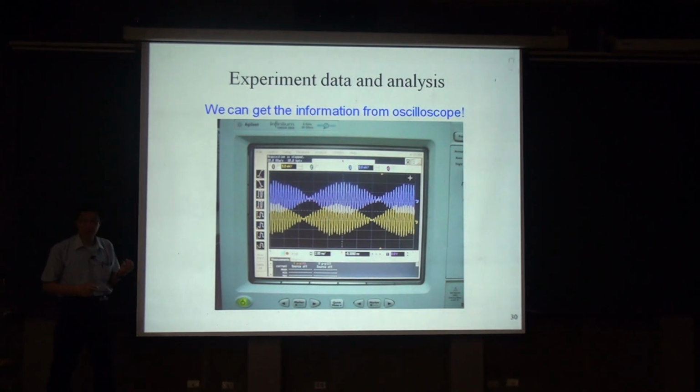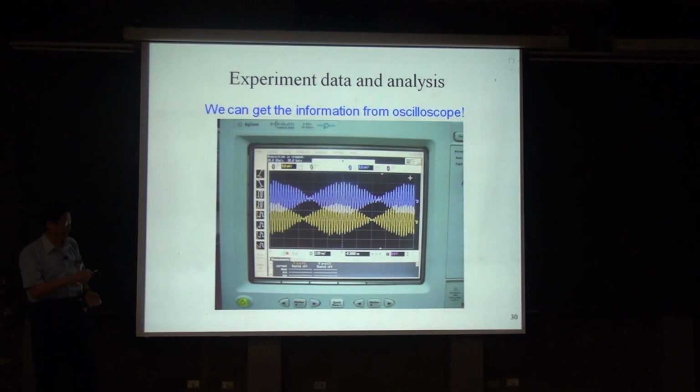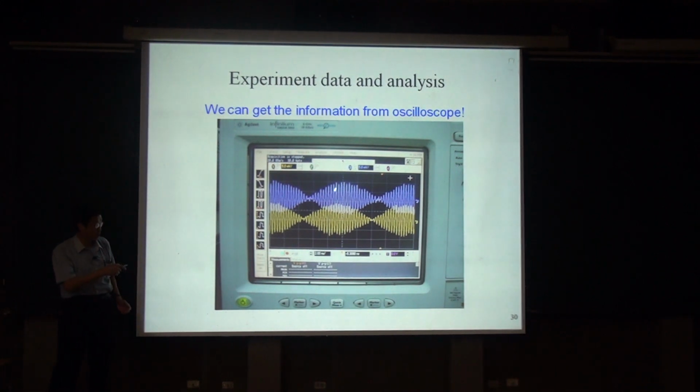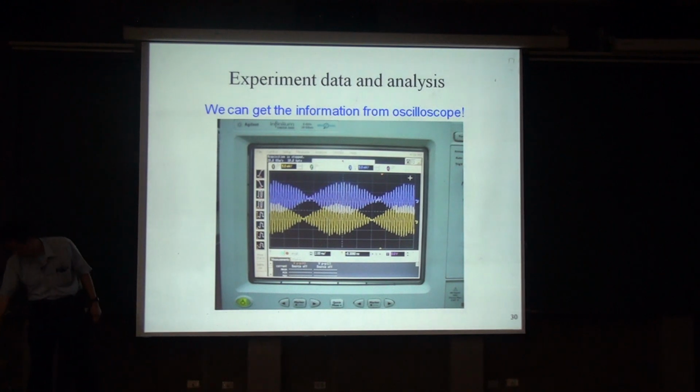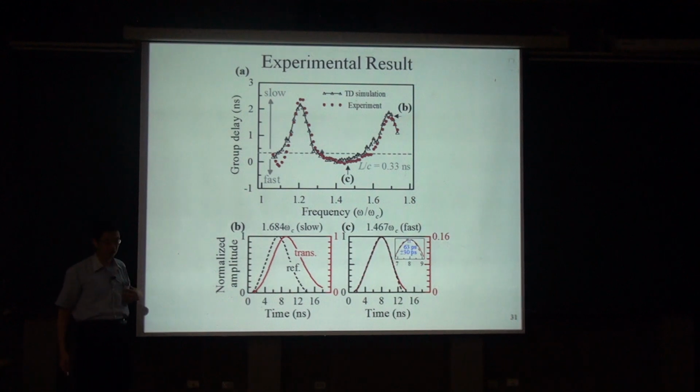We can generate using a pulse generator, and we can use a simple approach that is two-tone mixing. Frequency F1 together with frequency F2 generate a beat wave, two waves, and we can measure the group delay here. The same, quite similar.